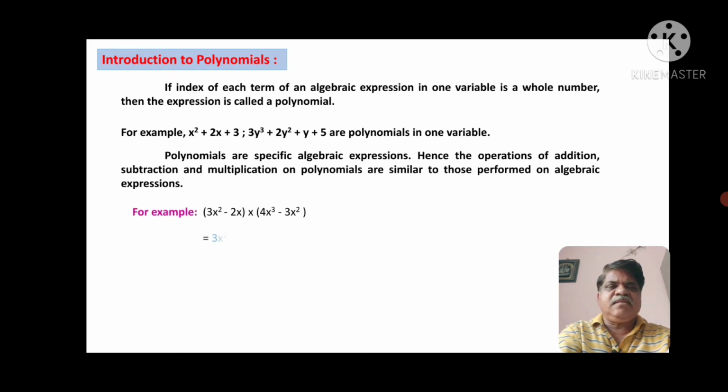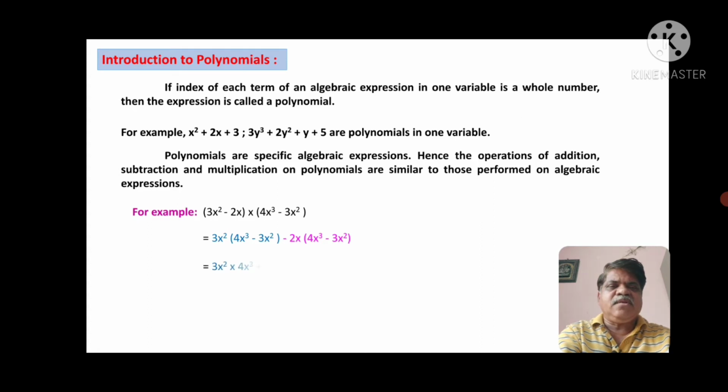For example, 3x square minus 2x in one bracket into 4x cube minus 3x square in another bracket. We have to multiply first 3x square and then minus 2x with the bracket, that is 4x cube minus 3x square.